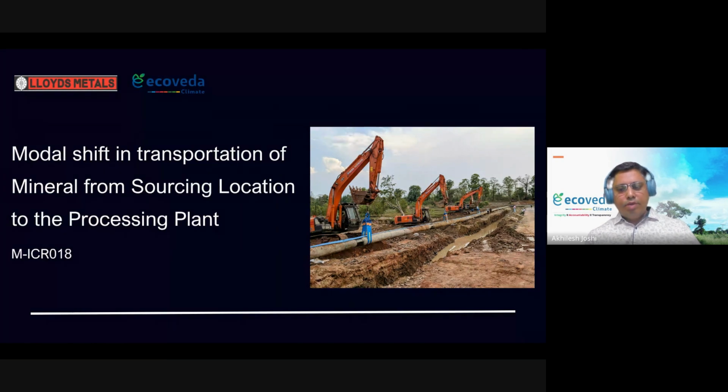So I will be briefly presenting the aspects we have considered under this methodology, how we see the baseline and additionality, and what kind of parameters we are going to monitor, and how this methodology is prepared based on the inputs and the other research work we have done in the last year. At the end, we will also have Mr. Ajay Kamble from Lloyds, who will present the project for which we have specifically designed this methodology.